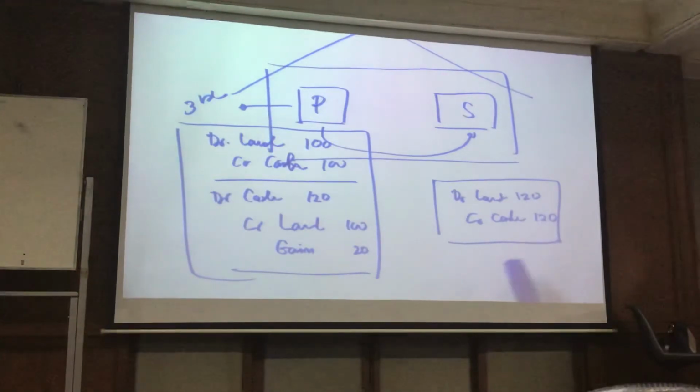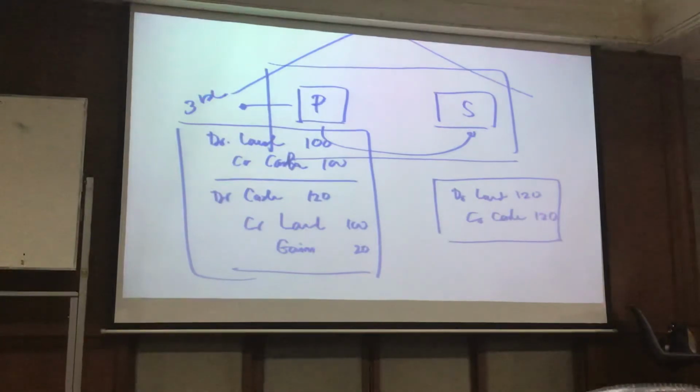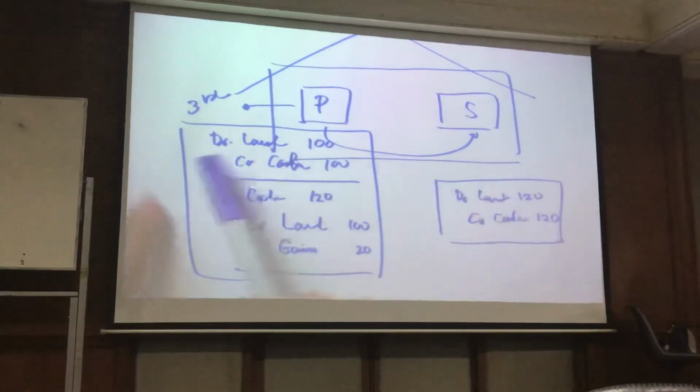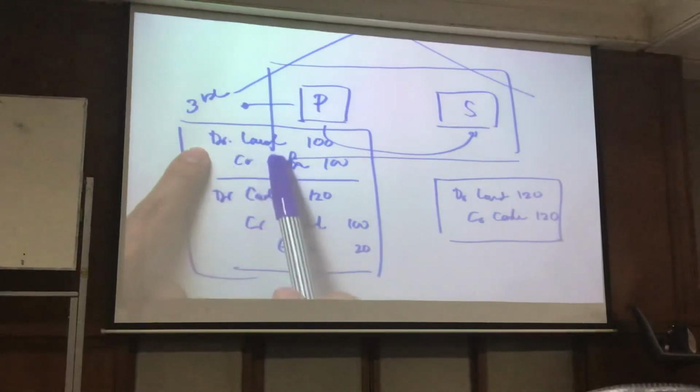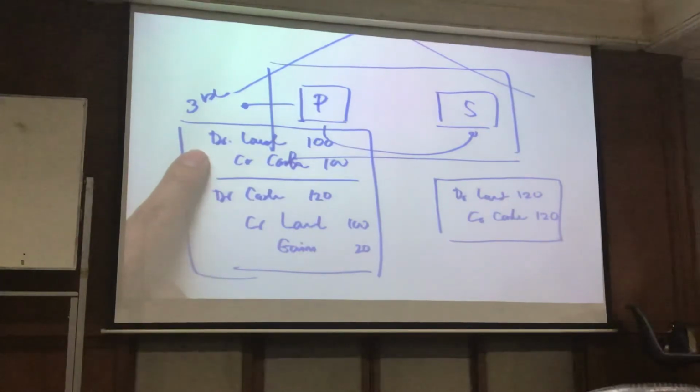But in fact, if the subsidiary bought from the third party, how much should they pay? 100. Right? If the subsidiary bought directly from the third party, they should pay the original price, isn't it? 100. So in consolidation, they should report land at 100 only.